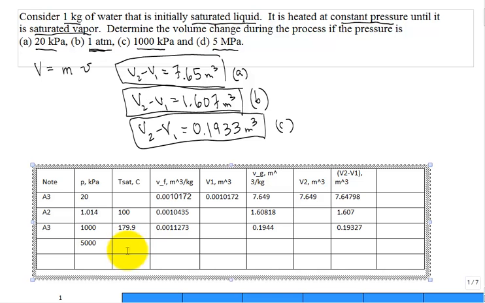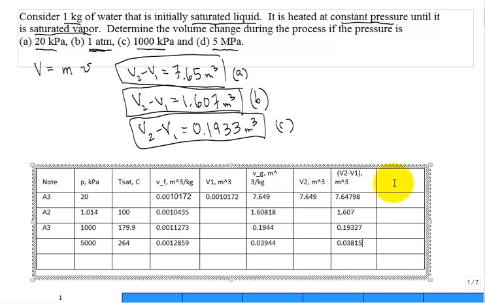So this was 264 degrees C, 0.001289, and then for V sub G, 0.03944, and then the volume change comes in at 0.03815.